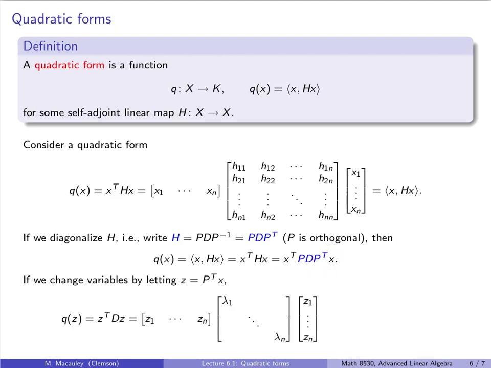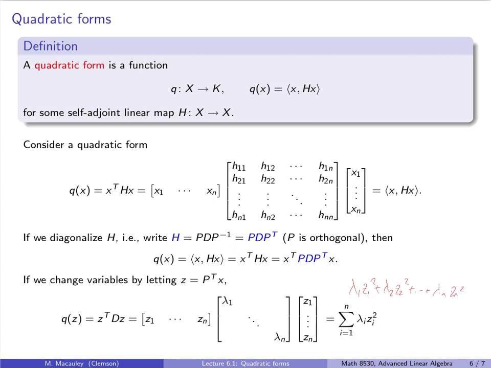So this looks like Z transpose times a diagonal matrix times Z, and since the off-diagonal entries are all zeros, this is just the linear combination of lambda i times zi squared. In other words, lambda 1 z1 squared plus lambda 2 z2 squared plus lambda n zn squared.